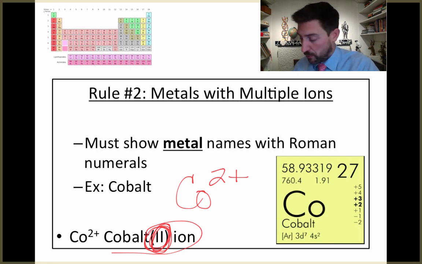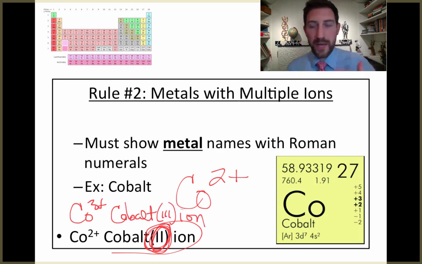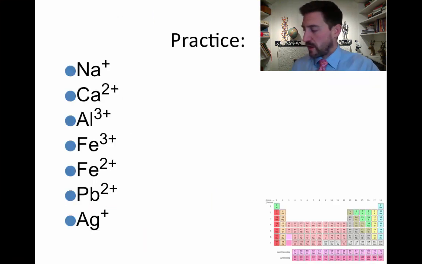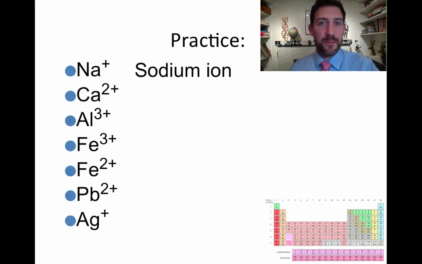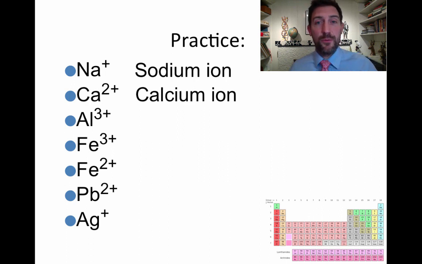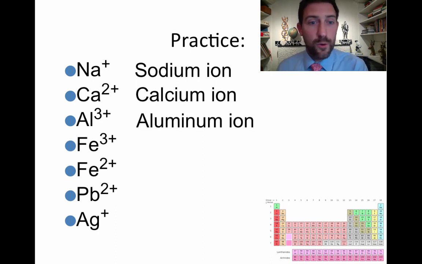If we had cobalt 3+, we would write cobalt 3 ion. Sorry for the mess, but there's your example. Sodium, we've already looked at it. It's going to be the sodium ion with a plus charge. Calcium, because there's only one option for calcium when I look it up on the periodic table, and that's a 2+ charge. When I look up aluminum, it only has one option for an oxidation state, so I don't need any Roman numerals.